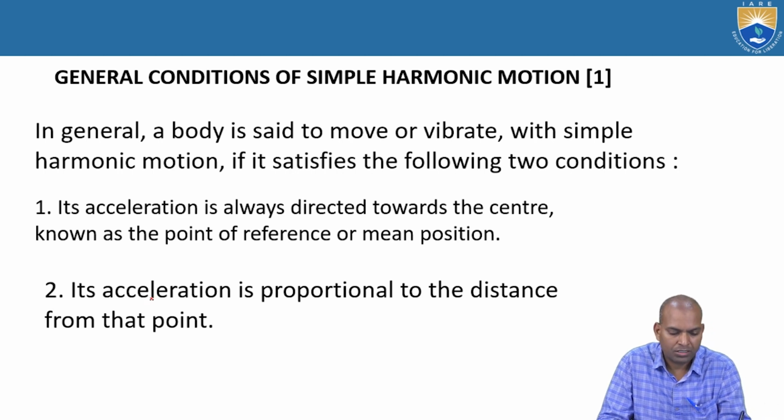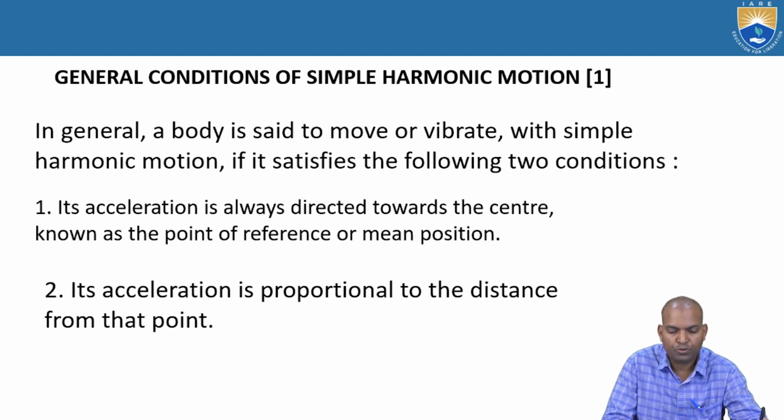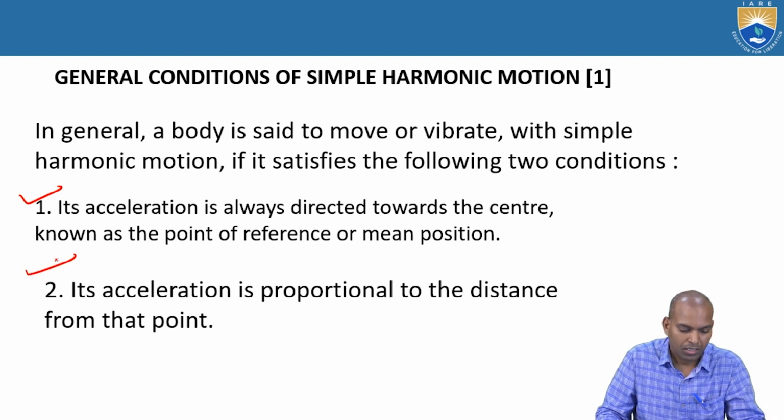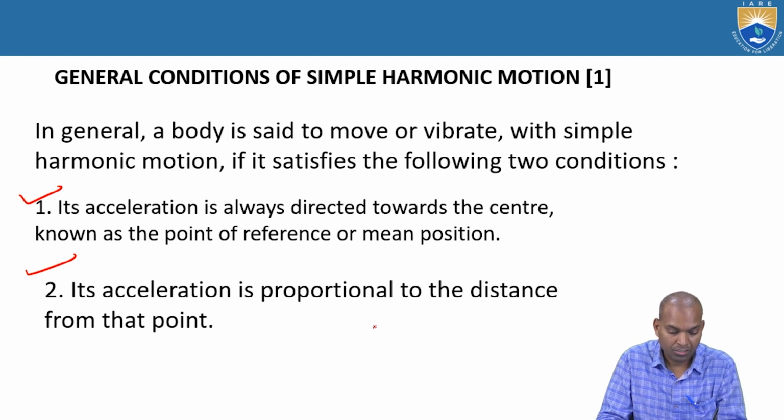Condition number one is that the acceleration is always directed towards the center, which is known as the mean position, reference line, or point of reference. The second is that its acceleration is proportional to the distance from that point. That means the acceleration is always directed towards the center.